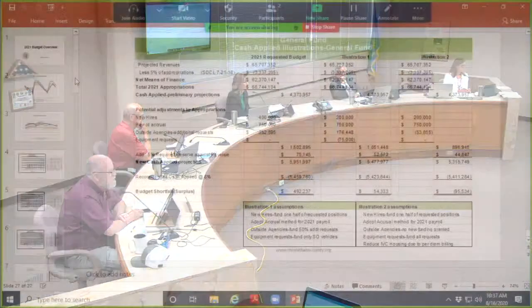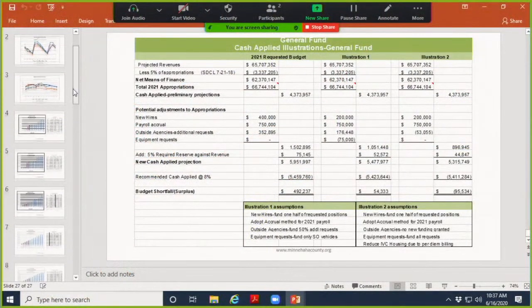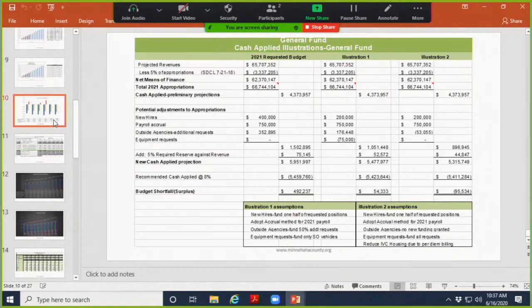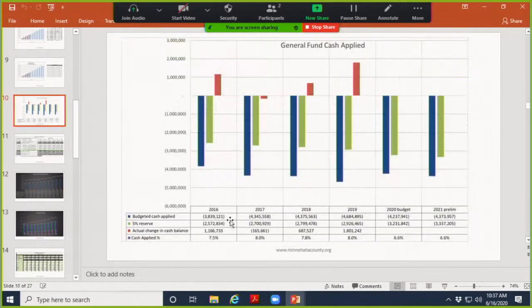Oh, but I don't want to stick my foot in my mouth first. Let me think about that for a second. We could go back and review that cash applied graphic where you can see where we've budgeted in previous years, if that would be helpful. That would be great. That is on slide number 10 in your packet.